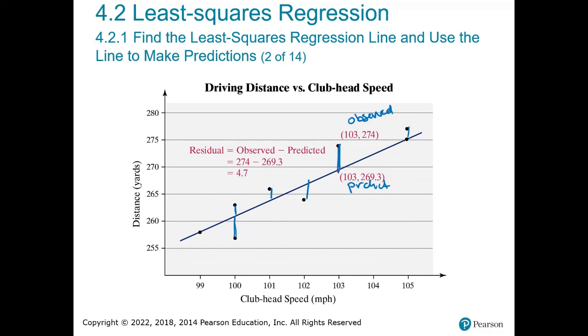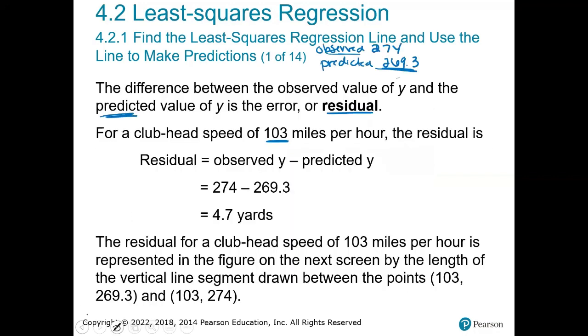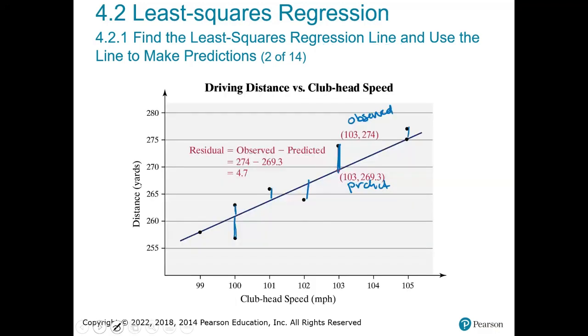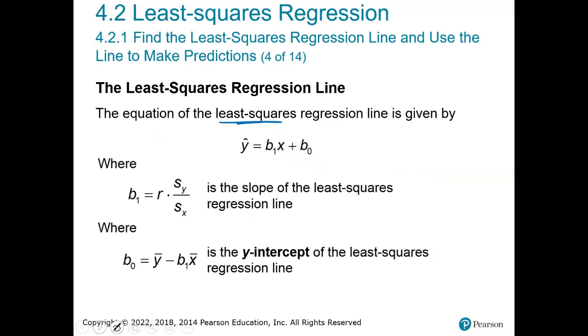There is an equation we can follow here, so I'll show you how to work through this by hand if you want. We can create the correct least squares regression line. Back here, we just created what we thought to be a good line of fit. This was just an estimate. Now we are creating the best of the best, the line of best fit, the least squares regression line.